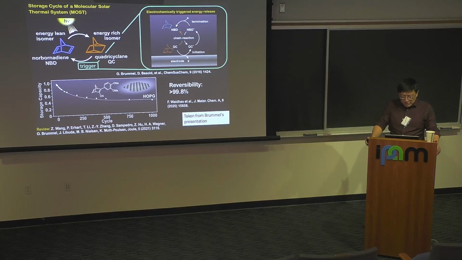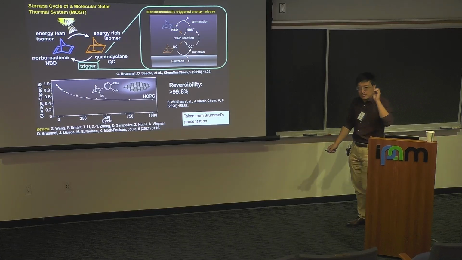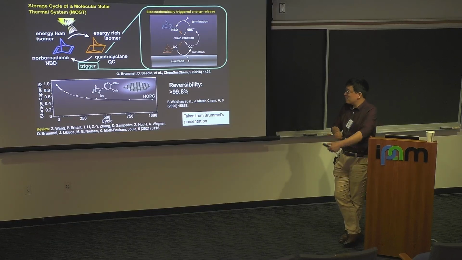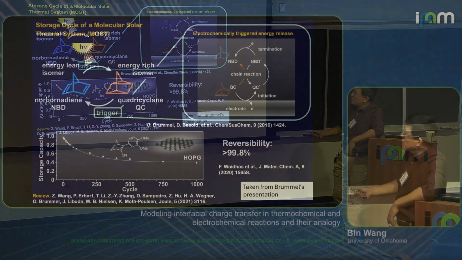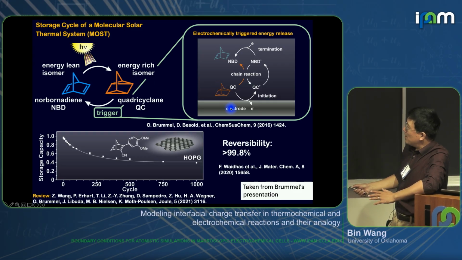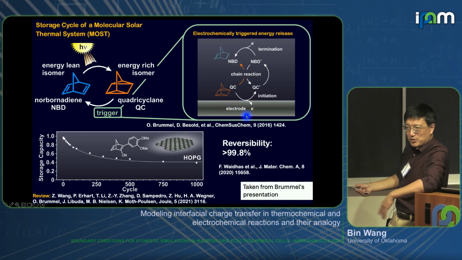So since this is on electrochemistry, I cannot avoid showing just one slice of the electrochemistry we are doing. This is a simple reaction with this molecule, quadricyclane. The idea is if you apply potential, particularly at more positive potentials, you can withdraw electrons from the molecule so that it becomes a radical, and then the CC bond breaks, and eventually it is transferred to NBD.